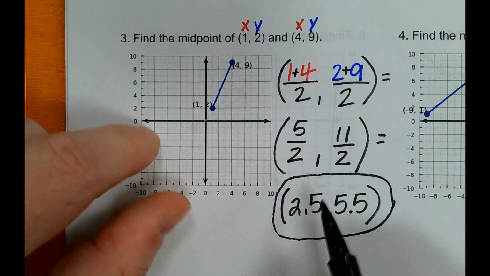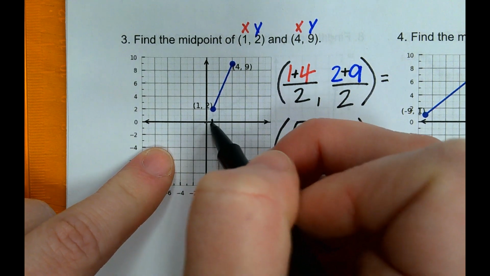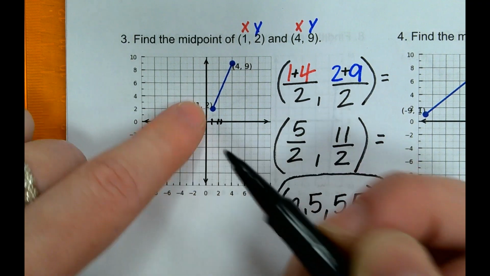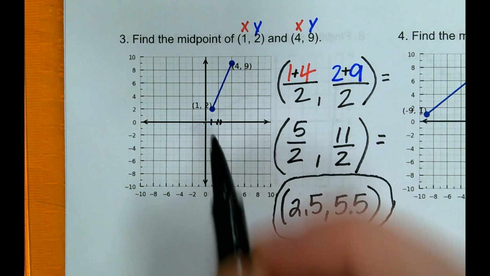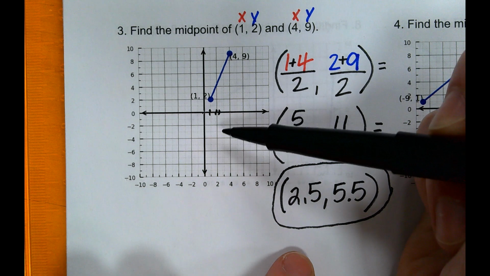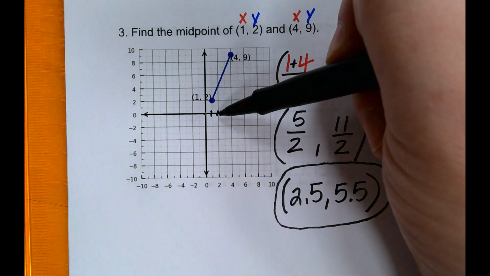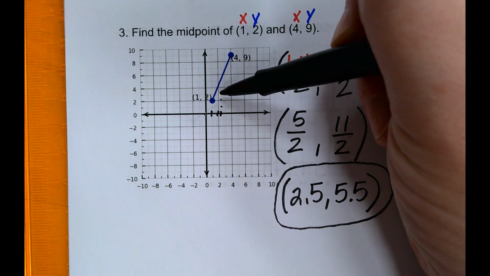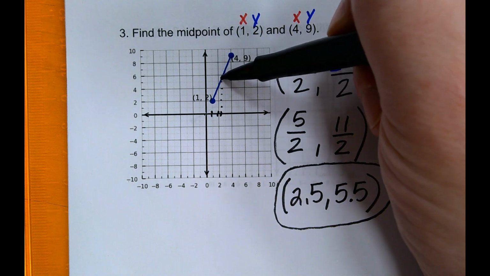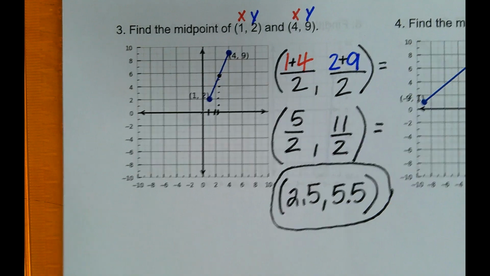My X is 2.5, so I'm going to go over 2.5 spaces. That would be 1, 2, and somewhere in the middle of there. And it looks like my Y is 5.5, so should I go up 5.5 or down? Up, perfect. So up 1, up 2, up 3, up 4, up 5, and a half-ish. So we know that's right because it fell perfectly in the middle of our line segment.